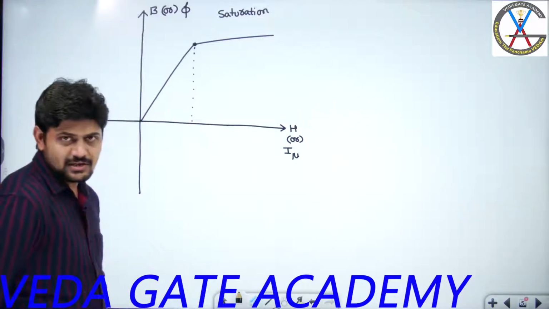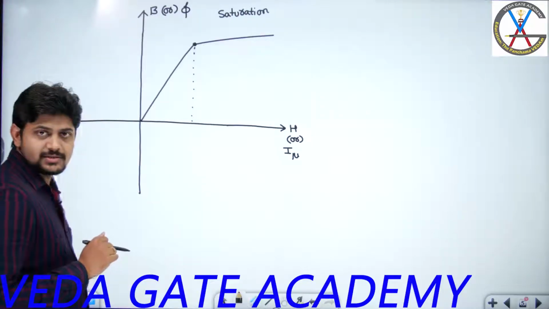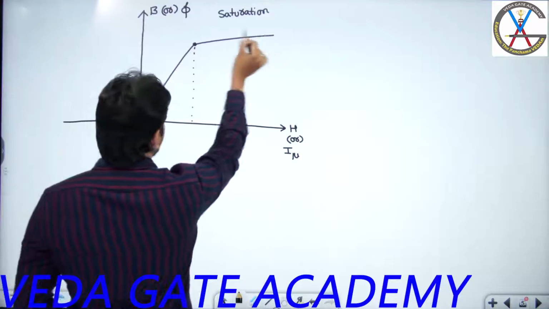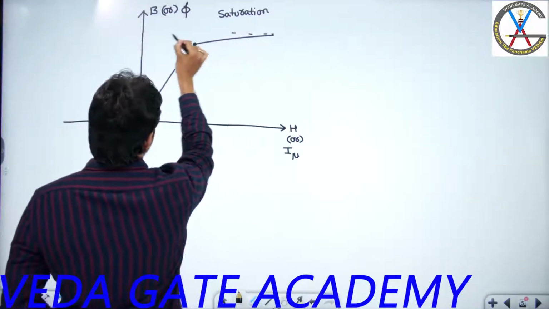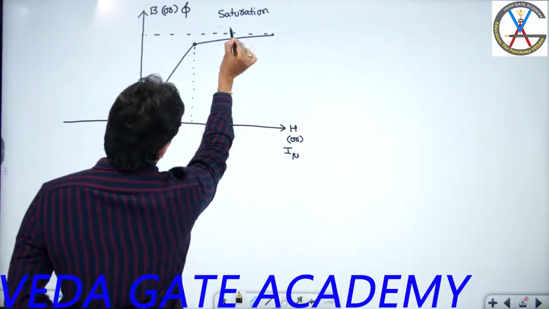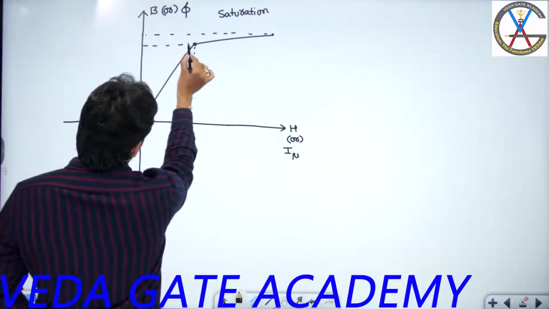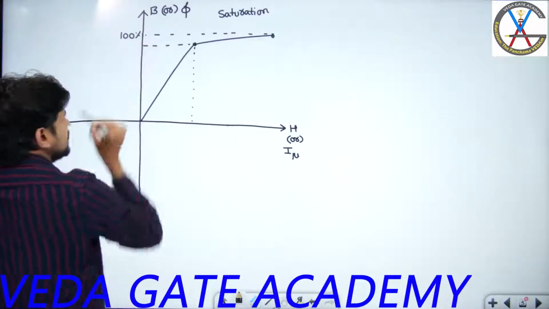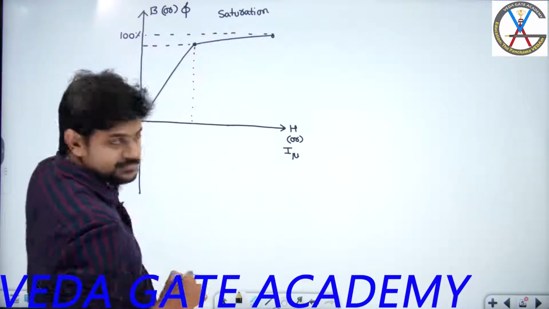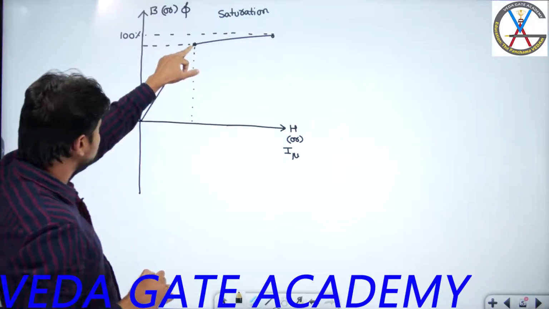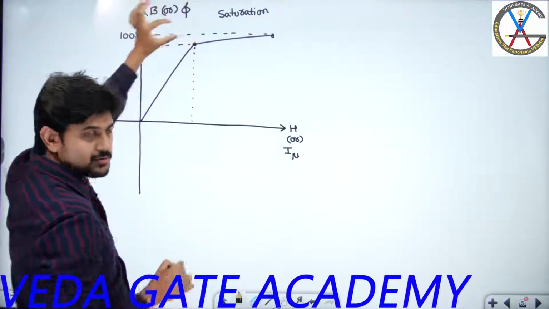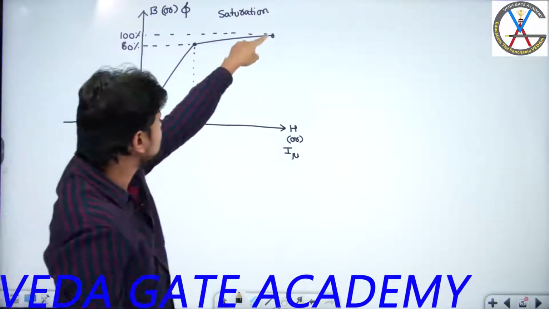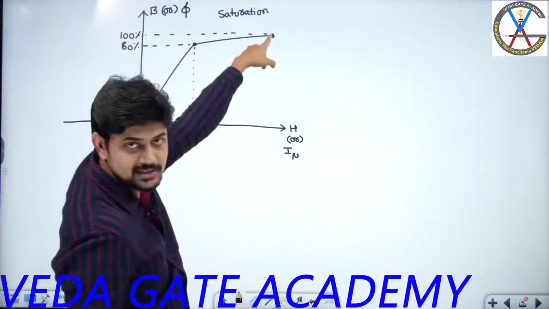Now in this linear region, for suppose, if this is the maximum flux, 100% of flux, then what will happen to this one? This is almost nearer to this value, right? So can I consider this is some 80% of the flux, if I am saying this is 100% of the flux, because the maximum flux is 100%.